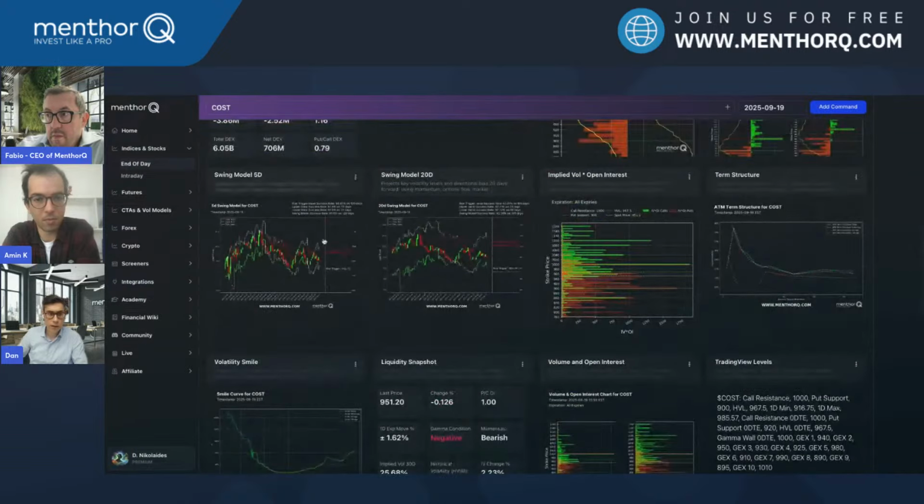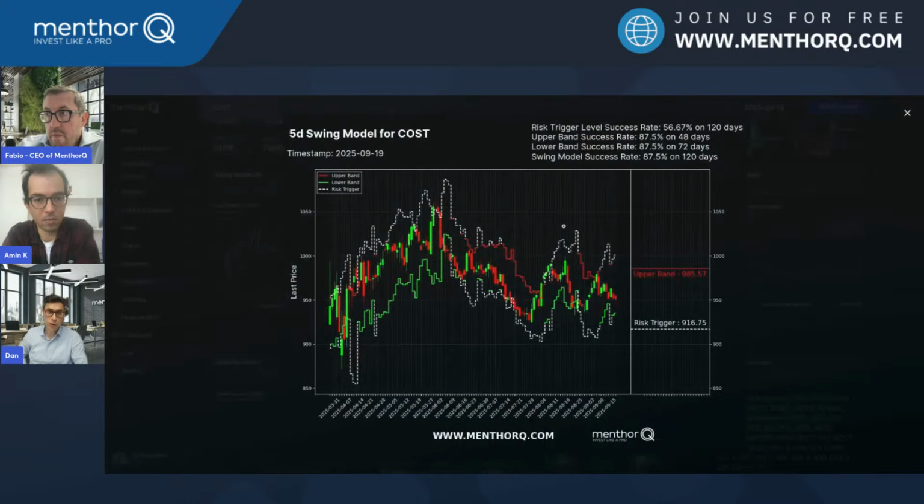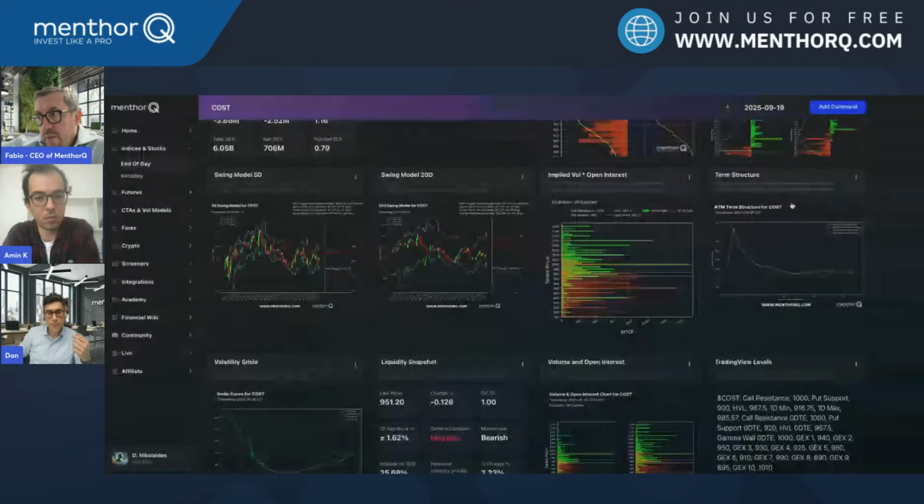Give me a second. We saw here the 5-day swing model. We have talked a lot about this with MenthorQ users, that this is a very good indicator to give us a slight sense of where the market will be in 5 days. So yes, we're selling this Friday because we are selling options, not buying options, but let's try to calibrate our trade here. So our trade, 985, we go back here.